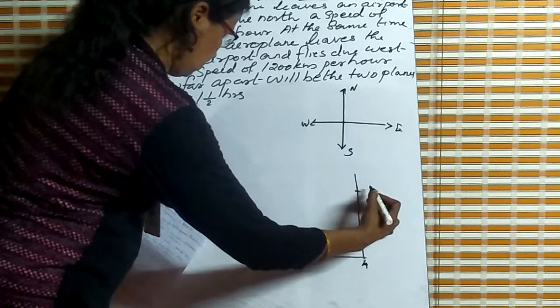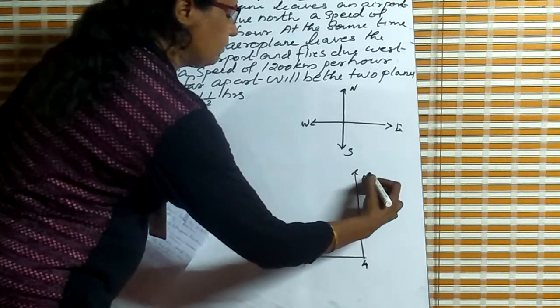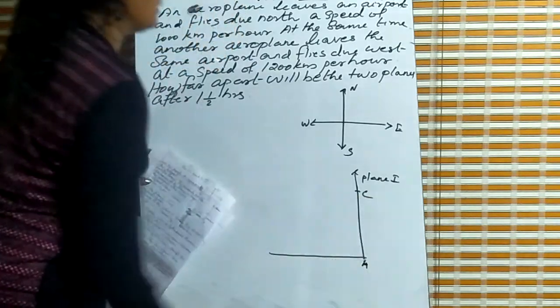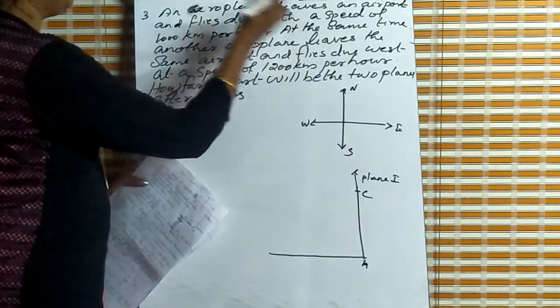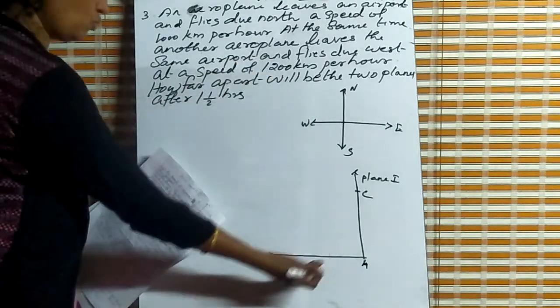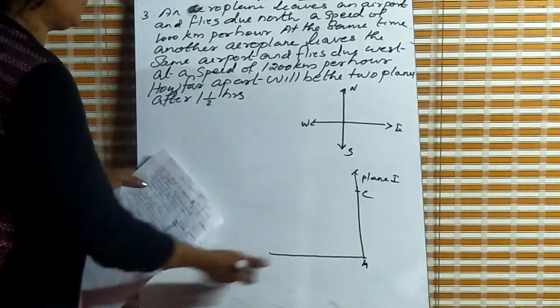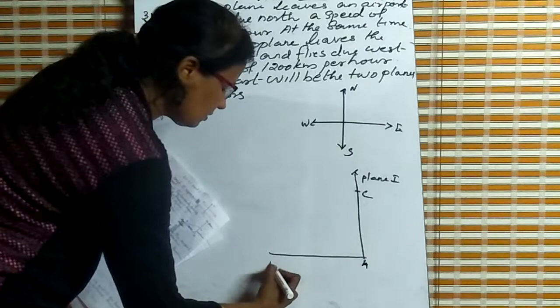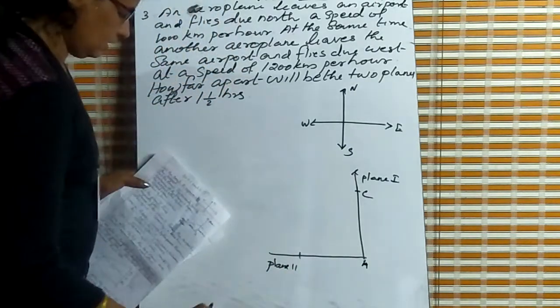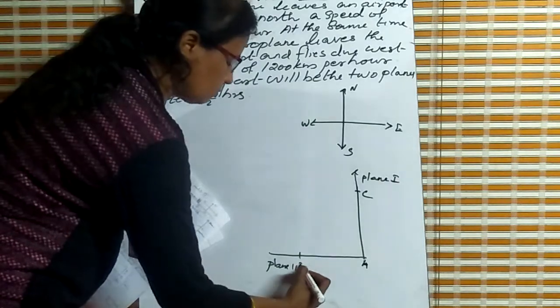This is the position of plane 1, position C. And at the same time another aeroplane leaves the same airport and flies due west. West is this side. West, plane 2. This point is B.